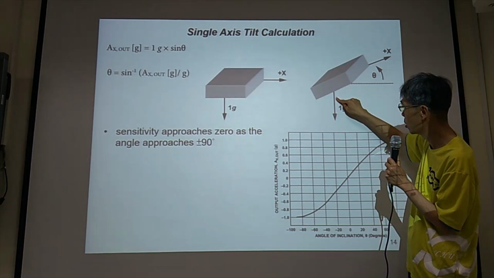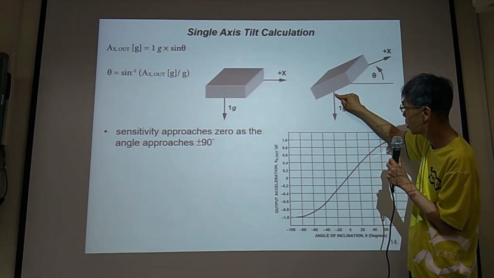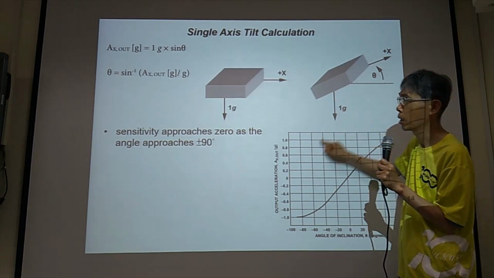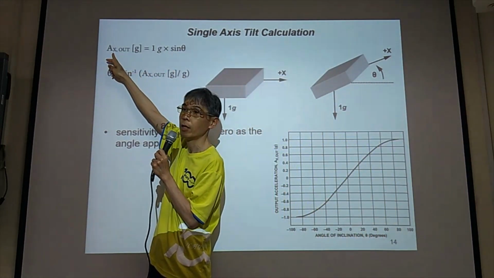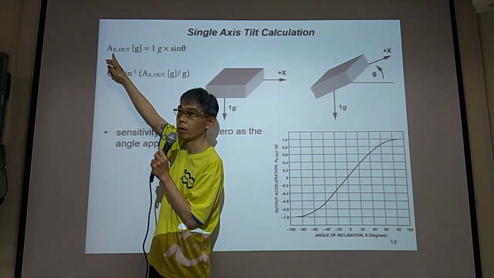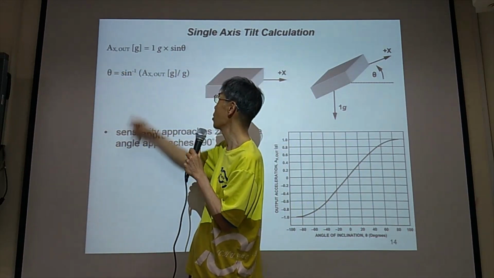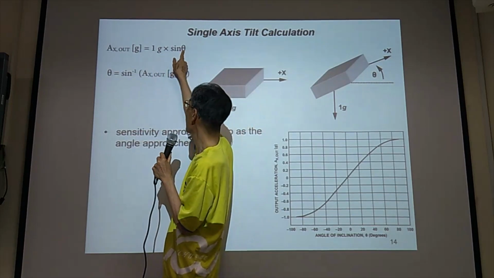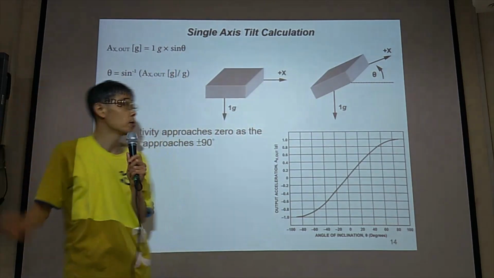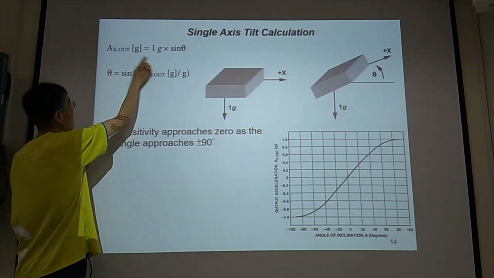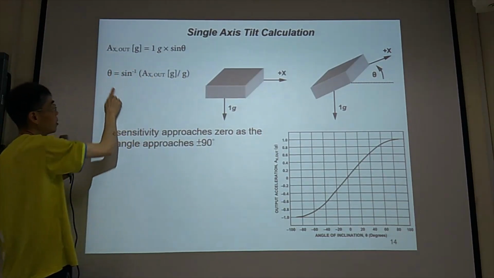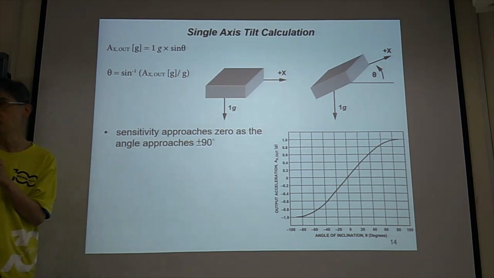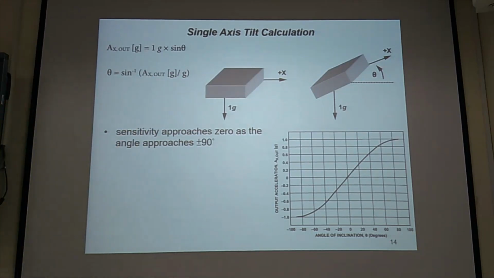So this component is 1G times sine theta. 1G times sine theta is now the acceleration measurement, AX. So we can do the inverse: theta equals arcsine of AX divided by 1G. So this is the method to calculate angle using an accelerometer.